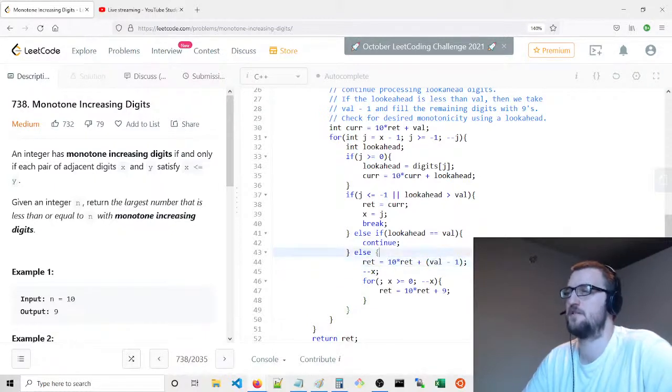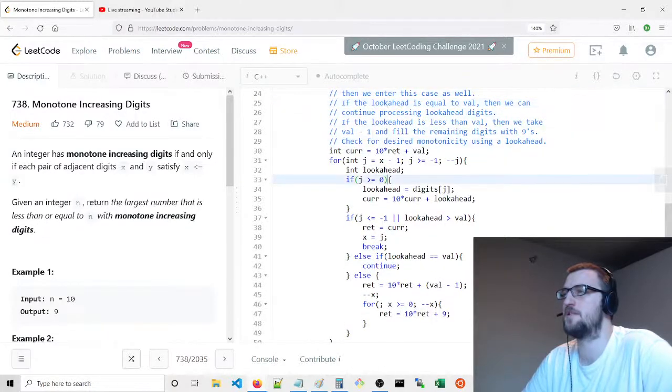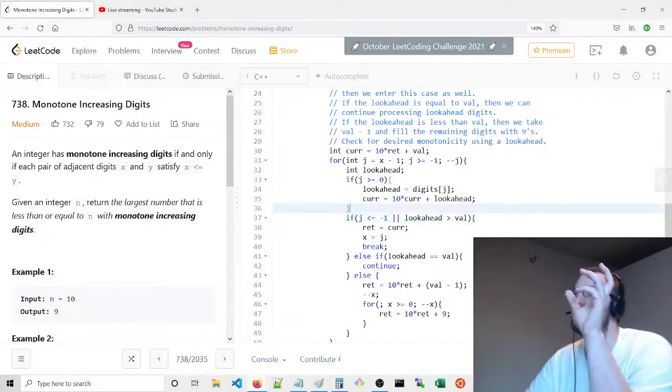Yeah, actually I think that's fine, because here we update ret accordingly. We don't take current at all. But we do have this look ahead here. And if we look ahead and we find that we're less, then we have this case. Yeah, we update ret accordingly, but okay, I think that makes sense. So if we had all 2s, we'd start with 2 here. We have this look ahead.